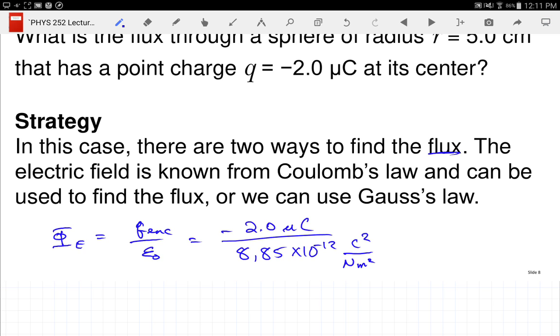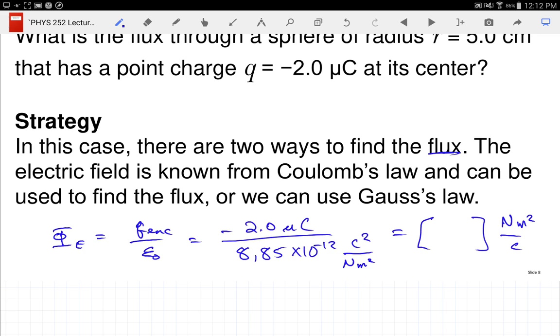So now we can do that math. I don't really care to, except for one thing: what are the units of flux? If instead I had done it the other way, the electric flux is electric field times the area.